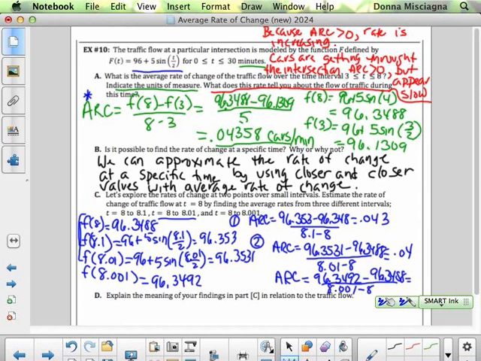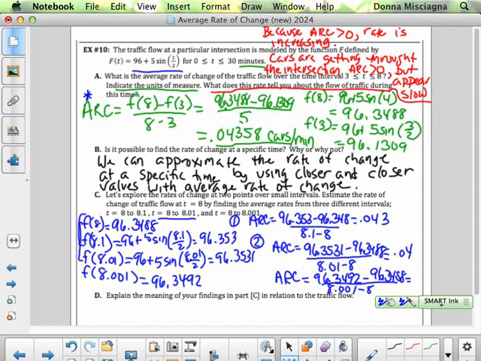Let me see if it gives us anything. But it appears to be 8.001, so it should be. Yeah, I got 96.3488258956, which is very similar to the thing I got for just 8.